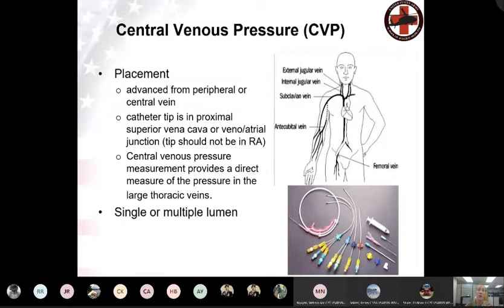So if I'm going to give a medication in one and a medication in the other, and those 2 can't be mixed, that's totally fine, because there are different lumens within that line that prevent the mixing of those fluids or medications. There's a word of caution, though: if the central line is pulled out, I lost all of that access. So it's one site, multiple lumens, but we need to protect it as such.